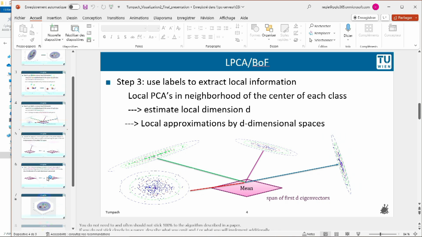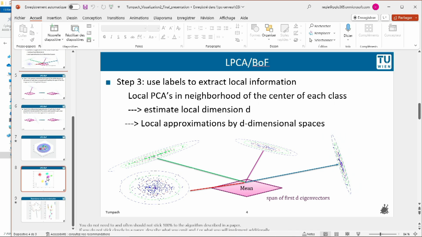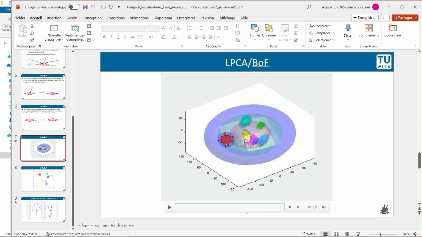So this was for explaining the way I define the visualization, because this is an infinite dimensional manifold we want to visualize. As I said, I called it first LPCA, but its name is already taken. So perhaps BOF is better, bouquet of flowers. Anyway, let me show you what it does. So this is a procedure.